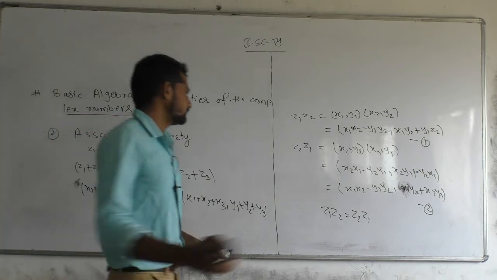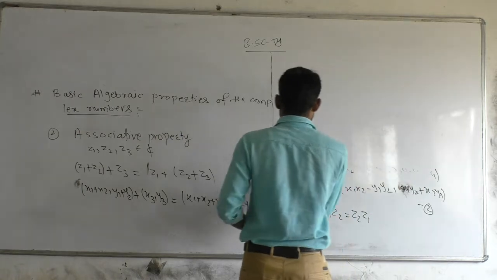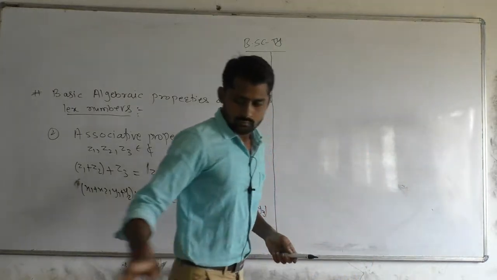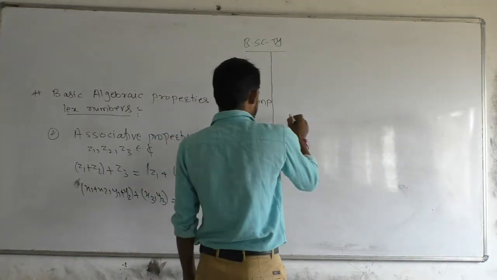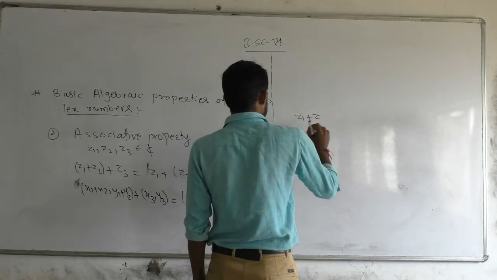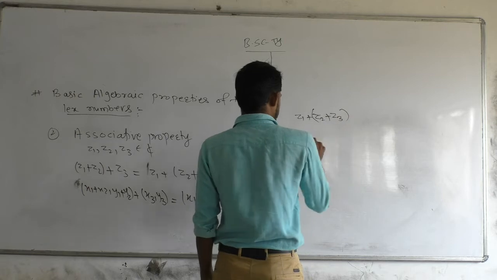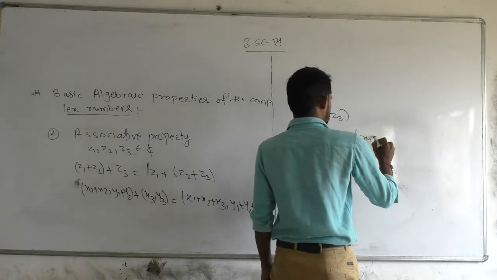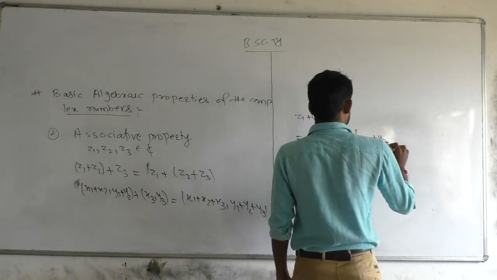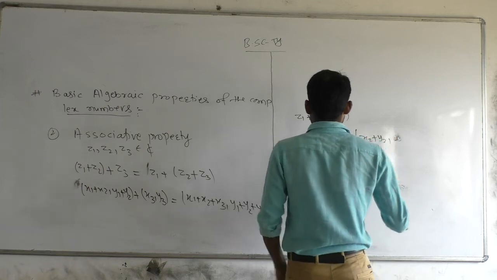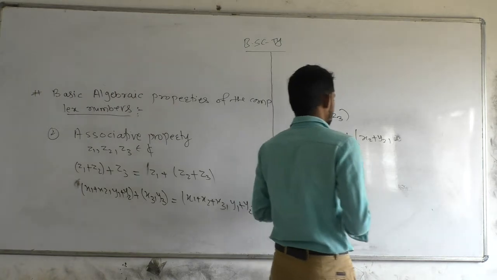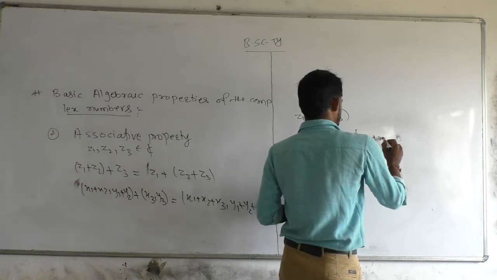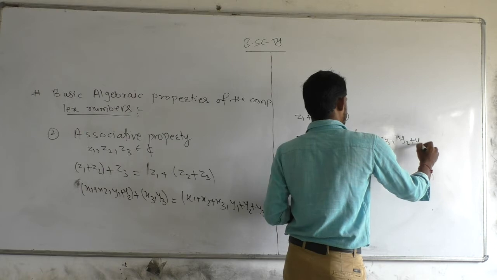Now if we consider z1 plus (z2 plus z3), it is (x1, y1) plus (x2 plus x3, y2 plus y3).